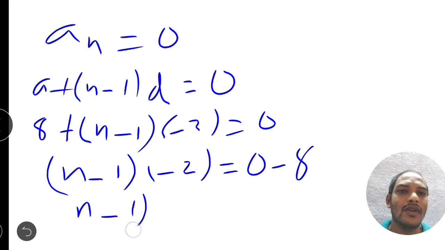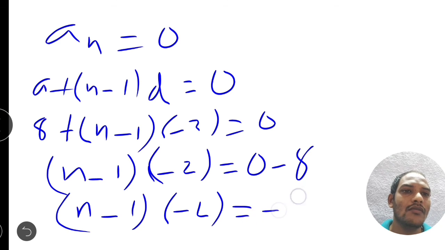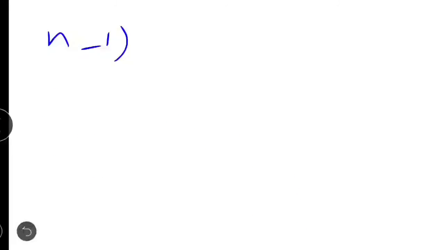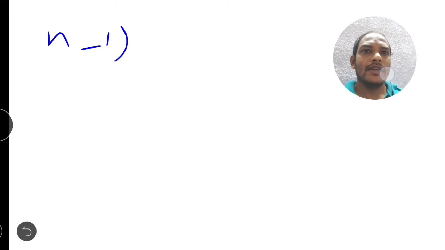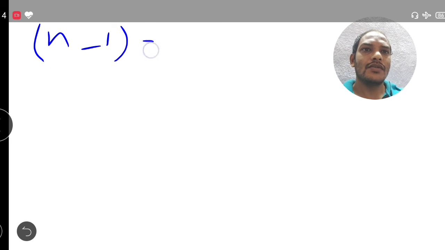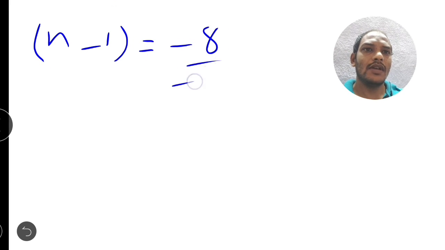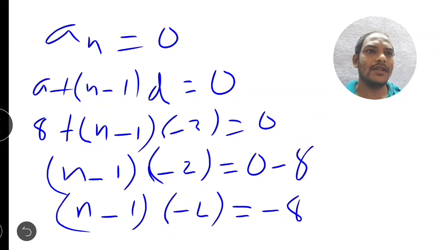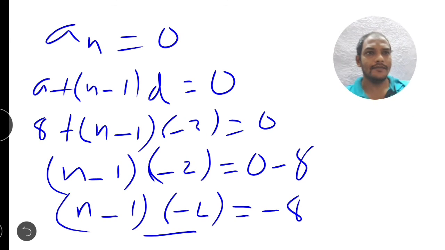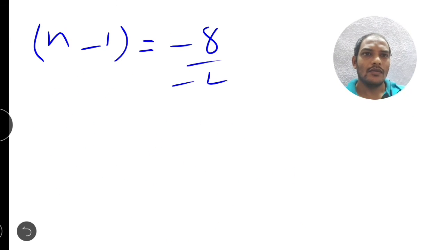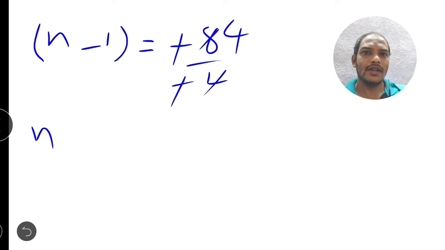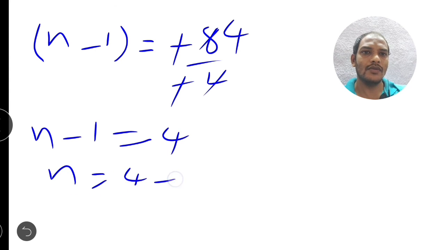So n minus 1 into minus 2 equals minus 8. n minus 1 equals minus 8 divided by minus 2, because here minus 2 is multiplying. Minus minus cancel, 2 ones are 2, 2 fours are 8, so n minus 1 equals 4, n equals 4 plus 1, n equals 5.